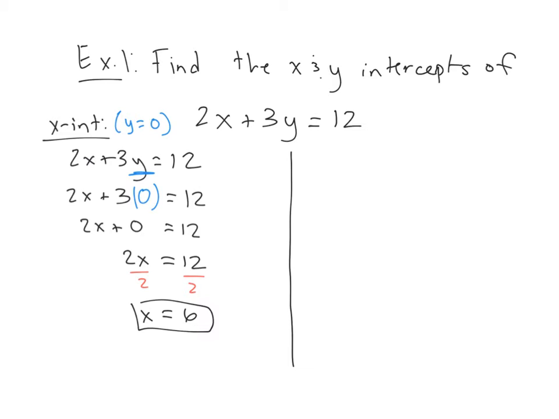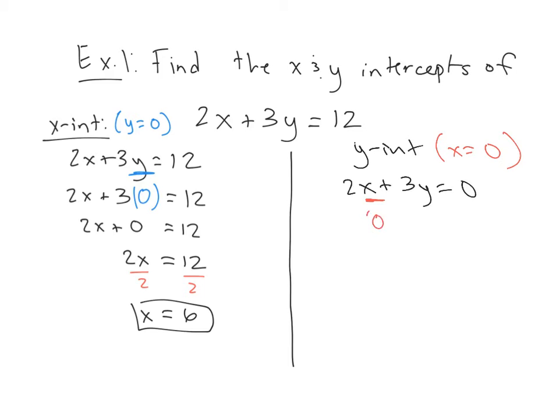Then to find the y-intercept, we're going to plug in x equals 0. So if I'm looking at a y-intercept, that's going to be plugging in x equals 0. So I'm going to start with my equation, 2x plus 3y equals 12. And again, on this one, I'm going to be plugging in x equals 0.